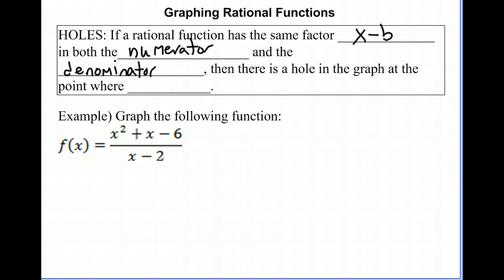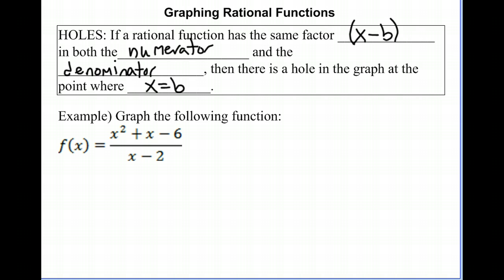So if that factor exists, and a lot of times we'll see it with parentheses around it, in both the numerator and the denominator, then the hole is going to appear at the point x equals b. However, that particular value x will not appear in the domain.